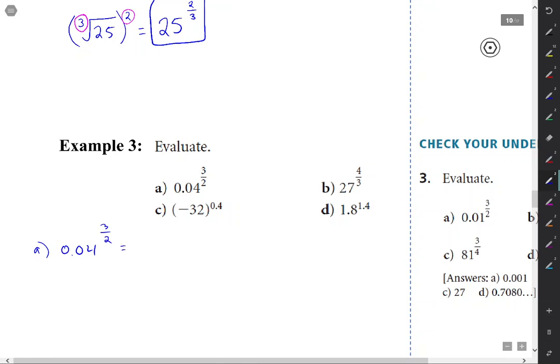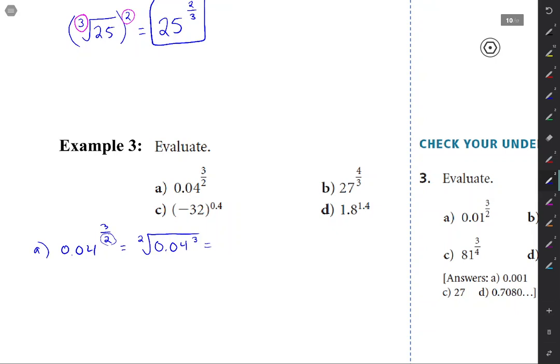So let's write this in our radical form. The bottom number here is going to be the index. So we're going to have the square root of 0.04 to the power of 3. Now you can either take the square root of the 0.04 first, or you can do 0.04 to the power of 3 first.